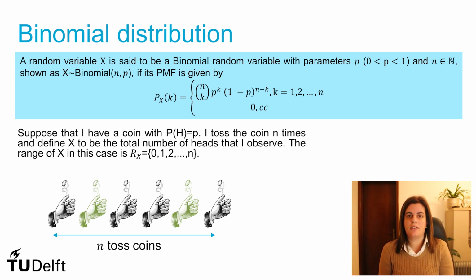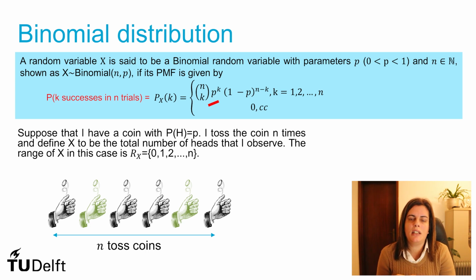So the probability of the random variable assuming the value k equals the probability of success raised to the power of k, multiplied by the probability of failure, 1 minus p, raised to n minus k, multiplied by all the combinations of having k successes in n trials.